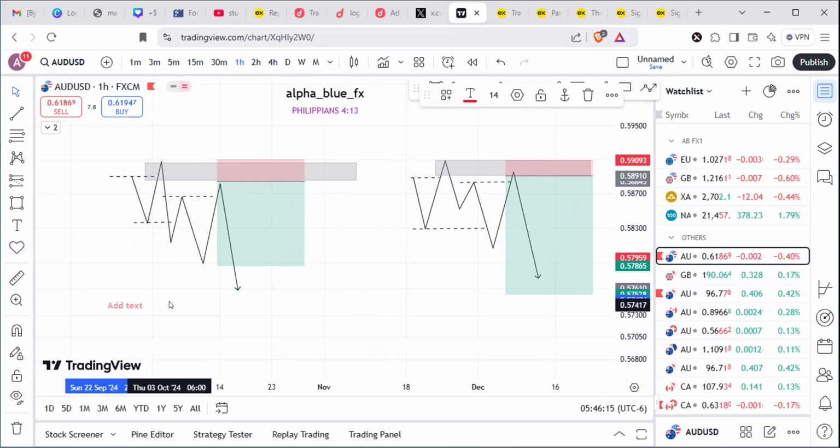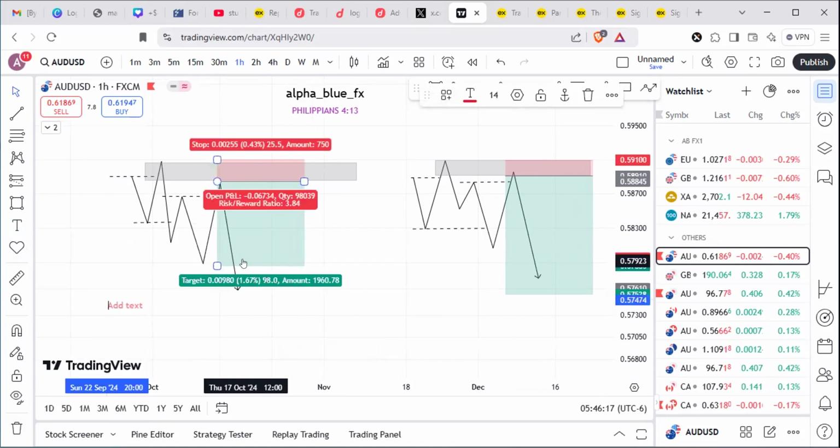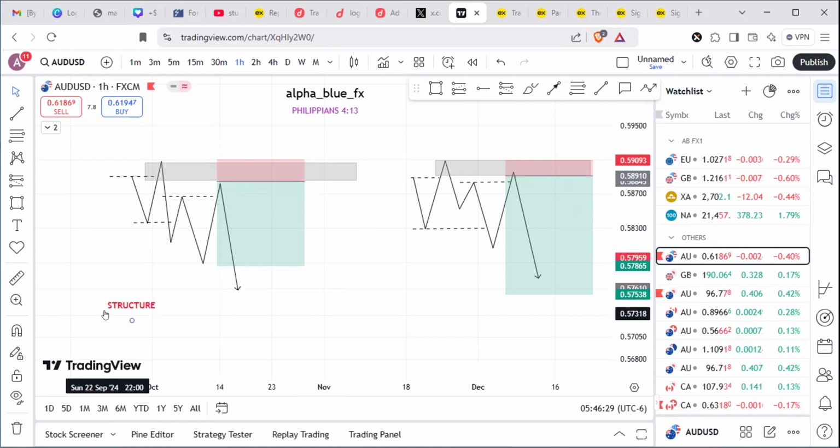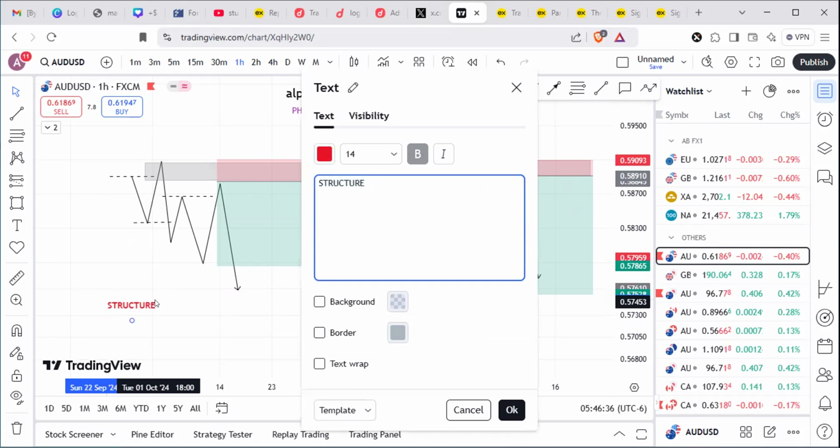So what you want to be looking out for in this strategy, number one, is structure. You want to be following structure. That's the first thing. Number two, you look at liquidity, you follow liquidity.